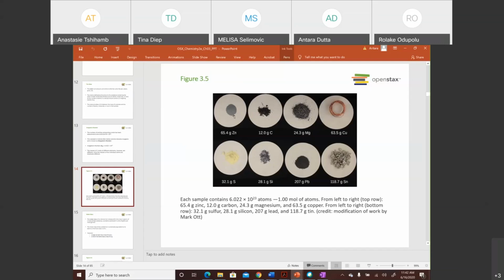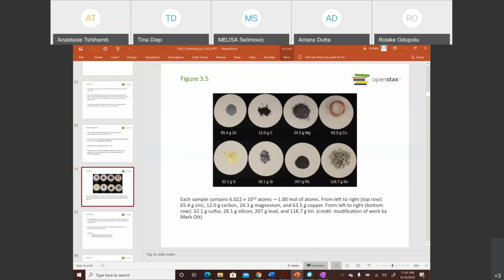And that's what you are seeing on this pellet. Okay, you are seeing that on this small dish, there are 65.4 grams of zinc, and that is actually 1 mole, which has the same number of atoms as the next one, and that is 12 grams. Okay, because it is a different element, so it weighs different. And that is the same number of atoms as you see on the bottom, 32.1 gram of sulfur.